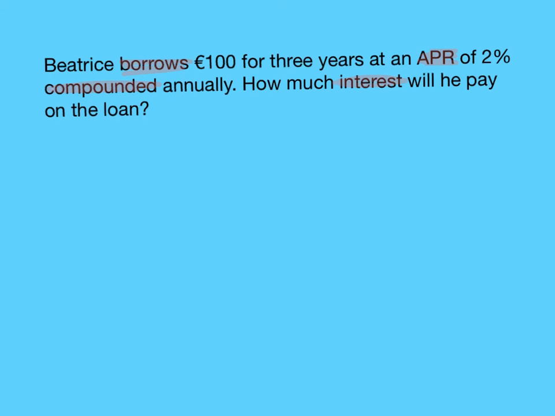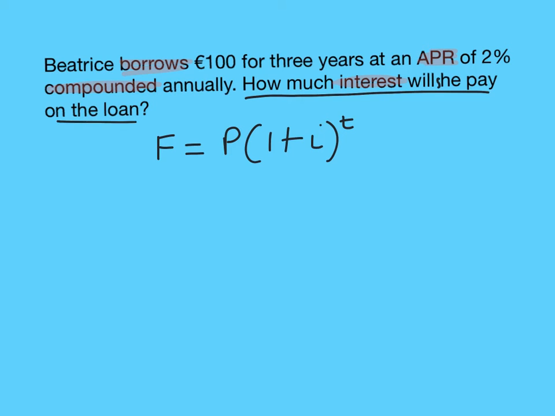So we go straight to our formula tables and use the formula. I'll write out the formula here for you as well. F equals P(1 plus I) to the power of T. And just really important to know here, how much interest will, that should be she, pay on the loan.